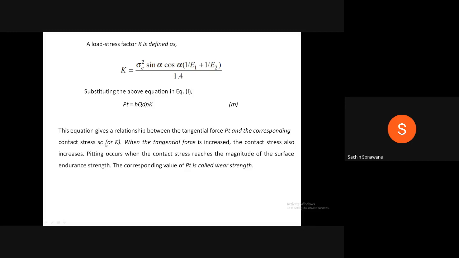When the tangential force is increased, the contact stress also increases. Pitting occurs when the contact stress reaches the magnitude of the surface endurance strength. The corresponding value of Pt is called wear strength. Therefore, write down these two equations, and afterwards directly we will write down Pt is equal to Sw.